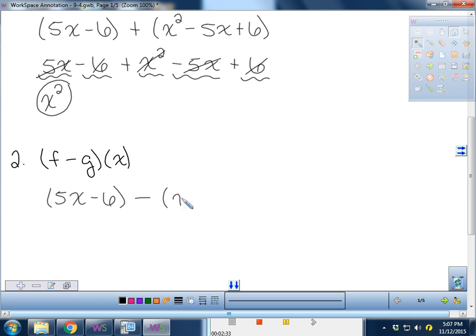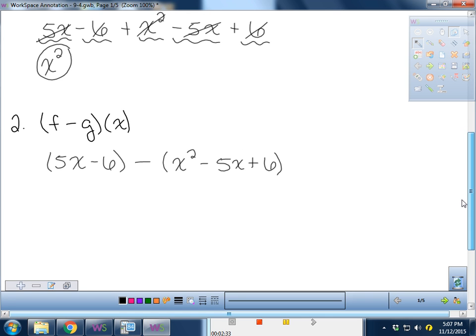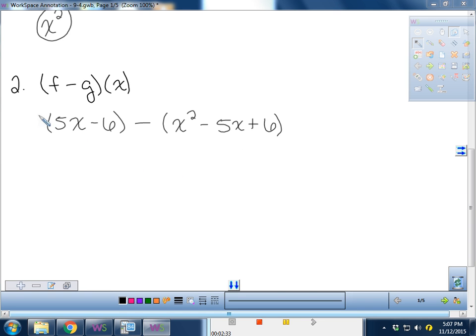So that would be x squared minus 5x plus 6. All right. And again, this is like what we talked about earlier in the year. If there's not anything to distribute in front, then you don't need the parentheses. So we take those off.